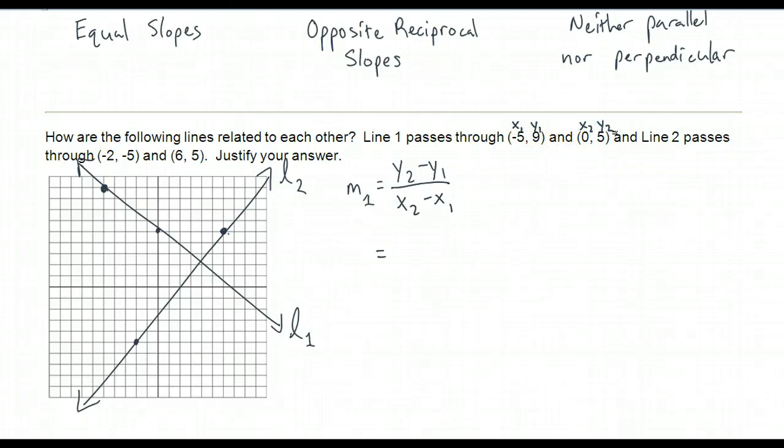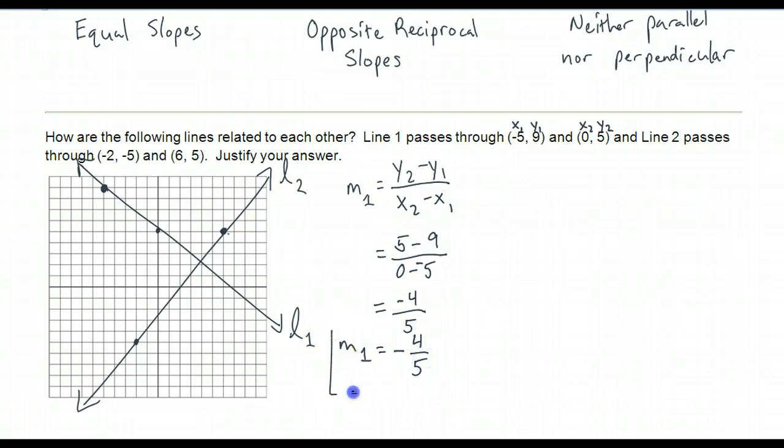So I'm going to plug in y2 minus y1 over x2 minus x1. 5 minus 9 is negative 4 over 0 minus negative 5, which is positive 5. So the slope of line 1 is a negative divided by a positive, which gives me a negative answer. So the slope of line 1 is negative 4/5.